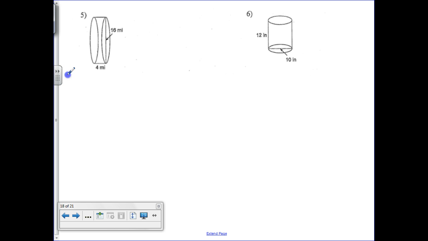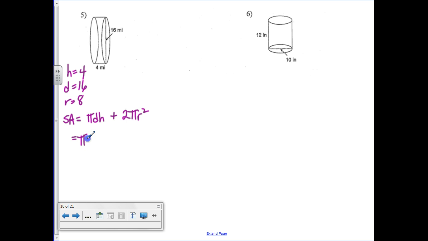Okay, turn it if you need to, but the height is really 4. Diameter is 16. That makes your radius 8. Our surface area is pi diameter height plus 2 pi r squared.